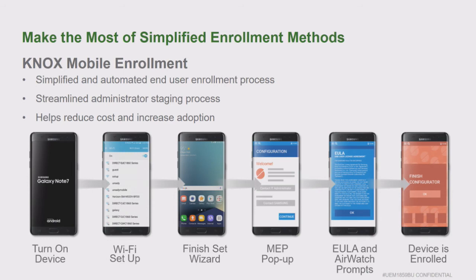They then get a pop-up immediately for things like the mobile enrollment profile. They accept the end-user licensing agreement from AirWatch, and then their device is enrolled because we grab things like the serial number and match that back to the user inside of AirWatch. So it's a very simple integration to do from the console perspective. Again, there's a wizard-driven interface as part of the Android setup to make that possible.